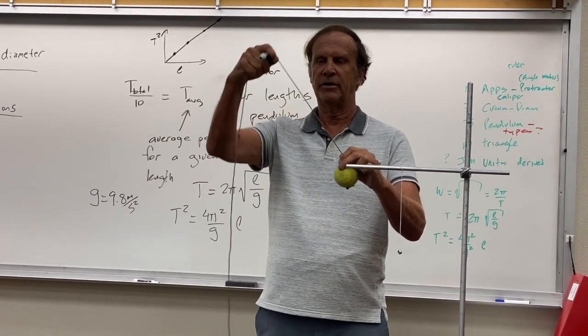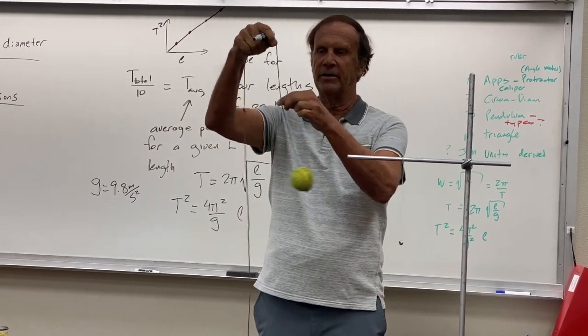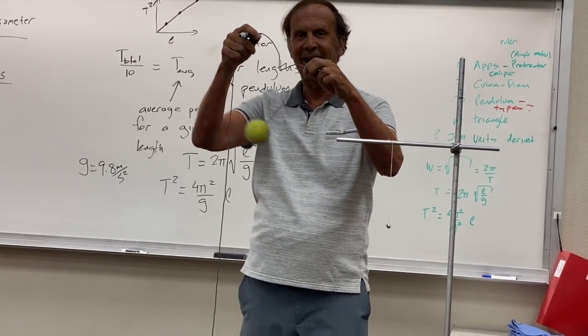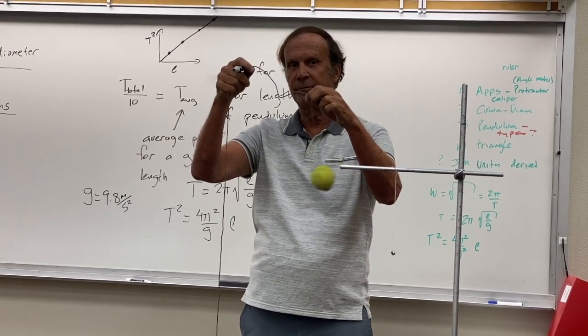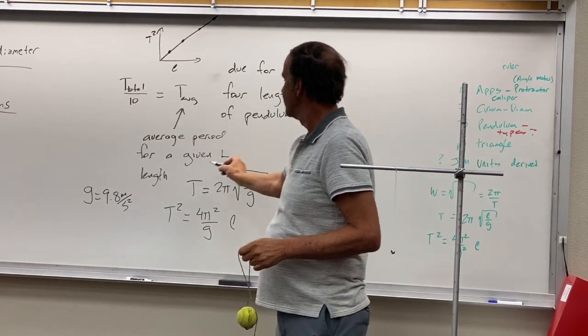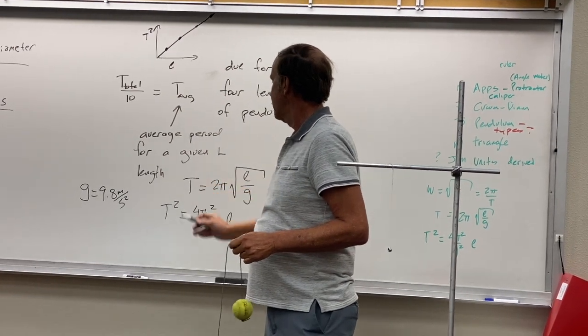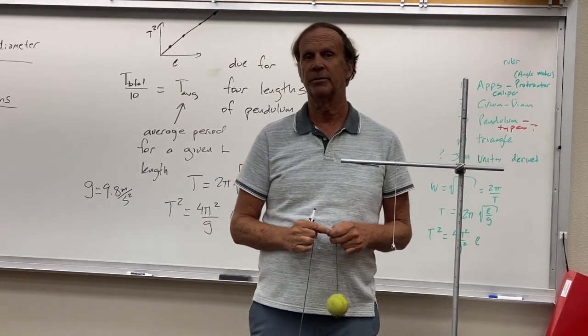Okay, and so if we go from a longer length here, the period is a bigger value. Shorter length, the period is a shorter value. It's going faster, meaning it's going through one complete cycle more quickly. Okay, but it's only going to be 1 over the square root of 2 of the original period, which is about 70% of the original period.